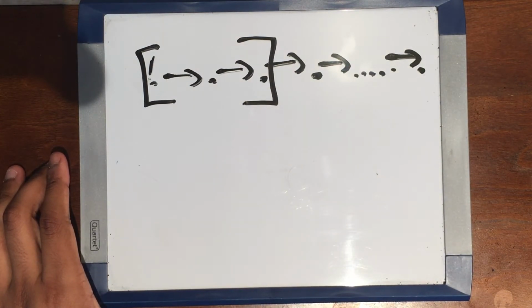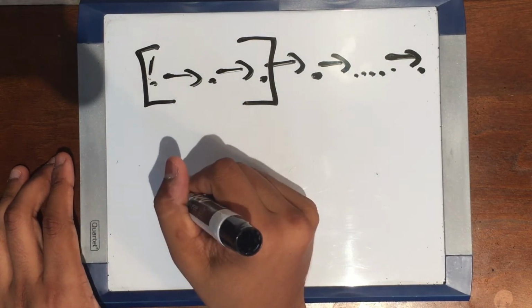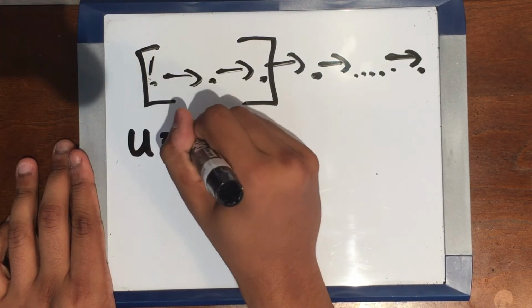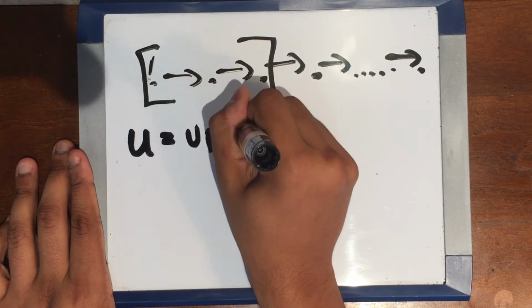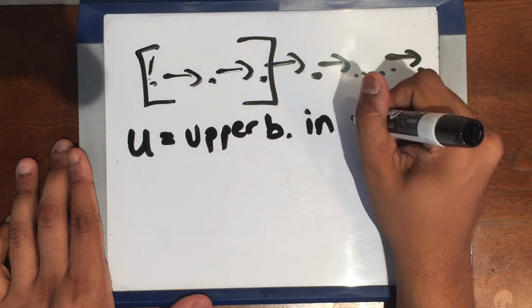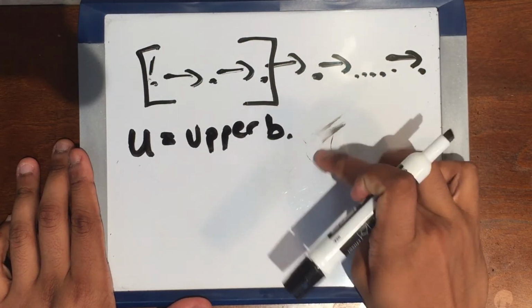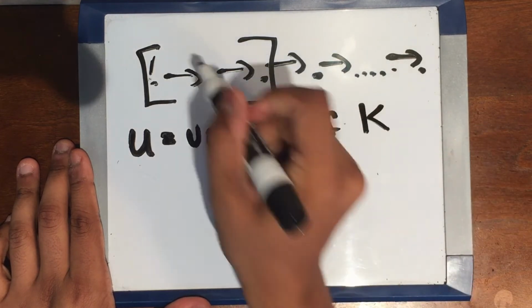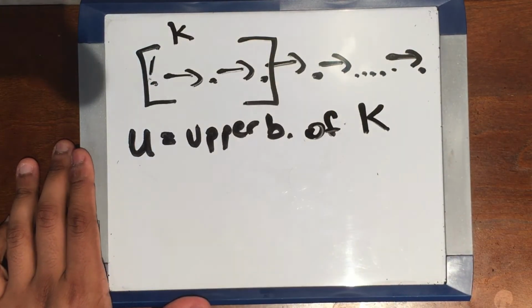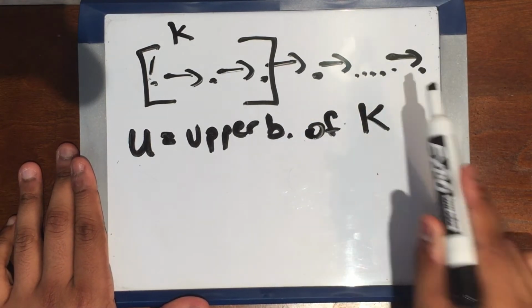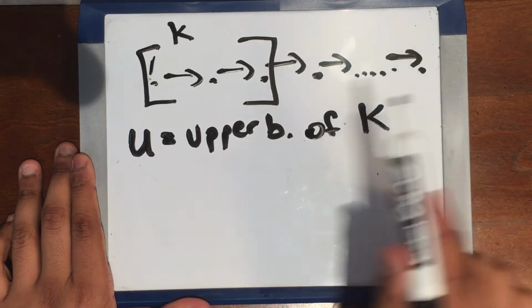Now, let U be the collection of all upper bounds of K. So U is equal to the upper bounds of K, if this is our set K. Then we know U is non-empty because clearly here we have upper bounds for the set.